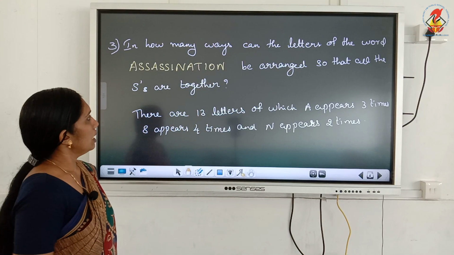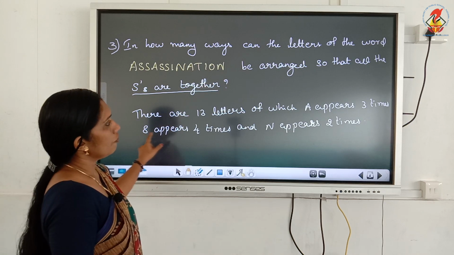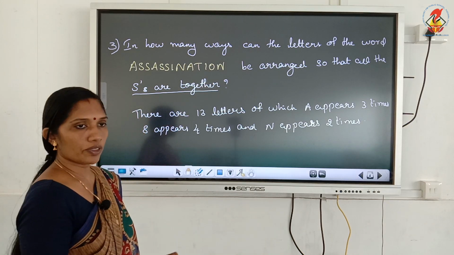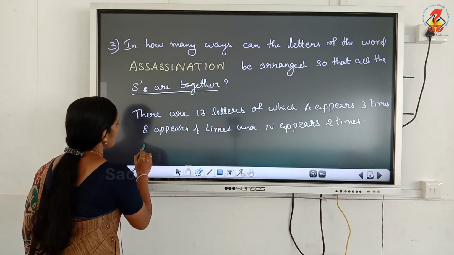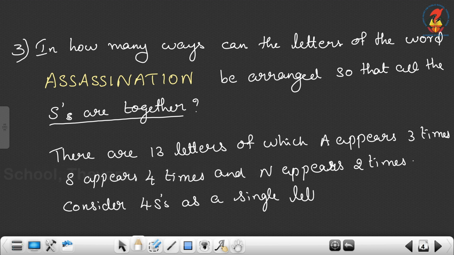Okay. Now all s together. How many s are there? 4. 4 s are there. Okay. So consider 4s as a single letter, this single letter with remaining how many letters?